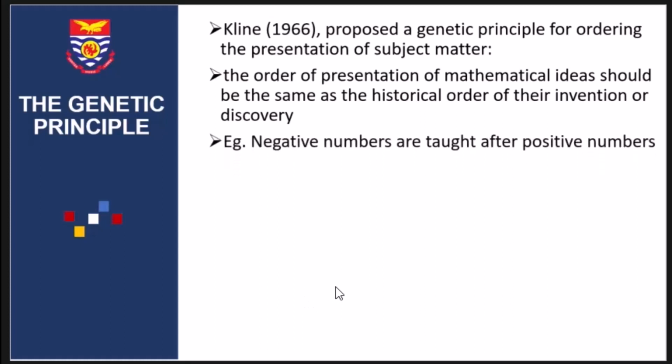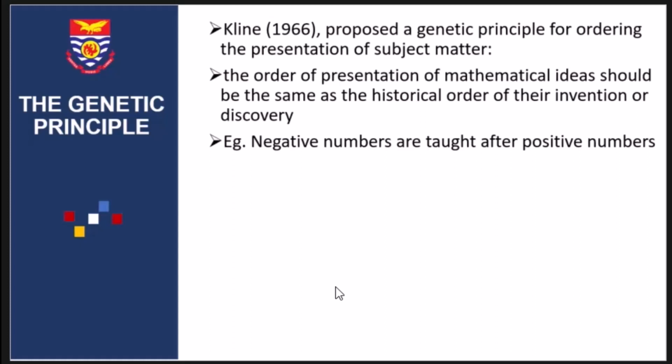So, for example, negative numbers are taught after positive numbers because historically positive numbers were discovered before negative numbers. If you follow the history of the real number system, you realize that positive numbers were discovered before negative.